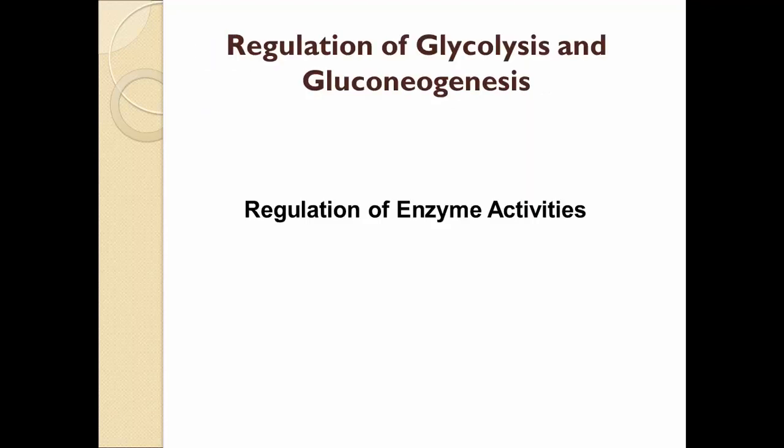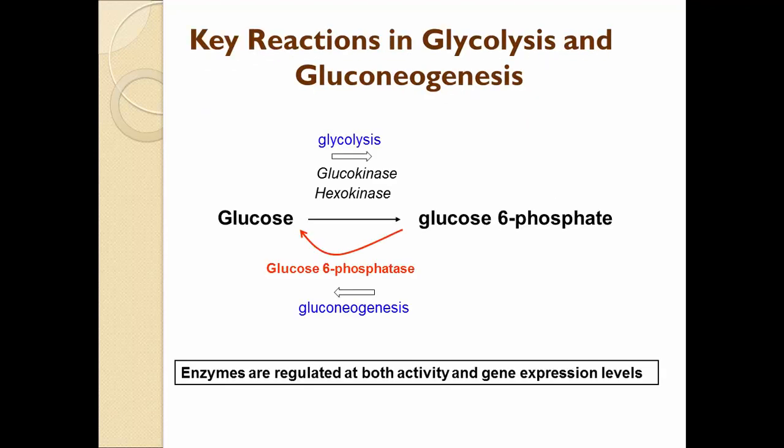So if you still remember, this is again the first key reaction, from glucose to glucose 6-phosphate in glycolysis, and the last reversal reaction in gluconeogenesis. So this reaction is kind of paired in the two different pathways, and the different directions are catalyzed by different enzymes. Again, this is irreversible.